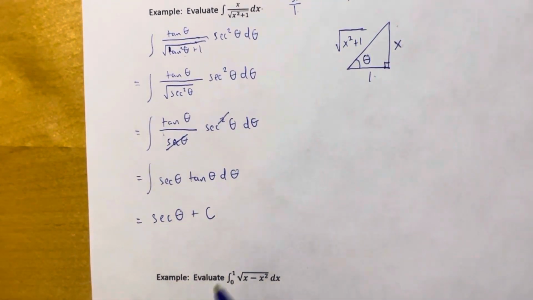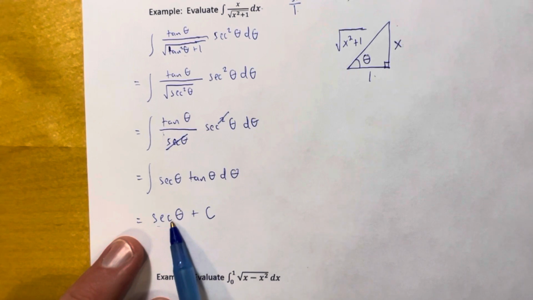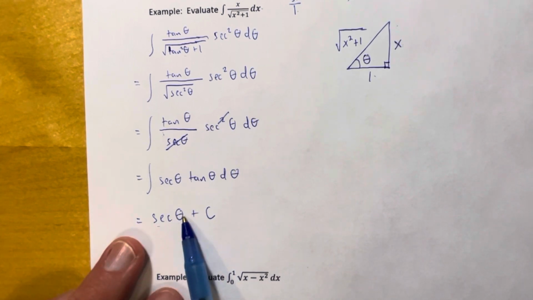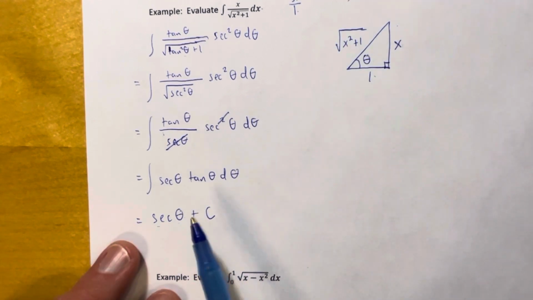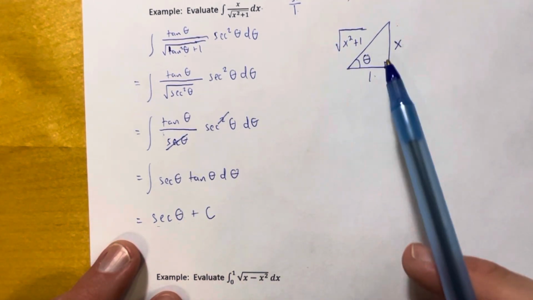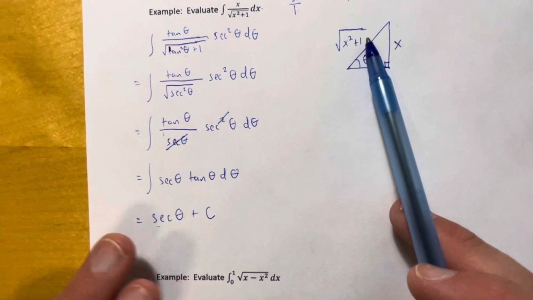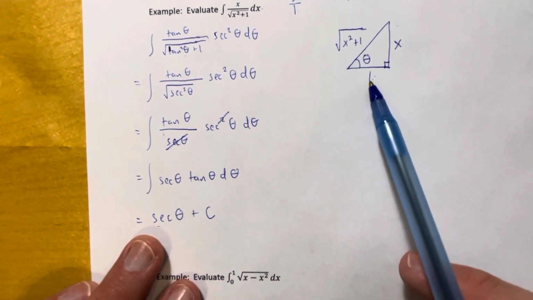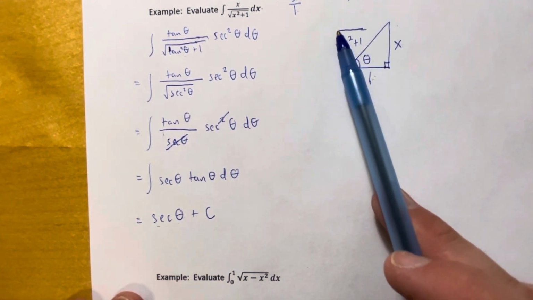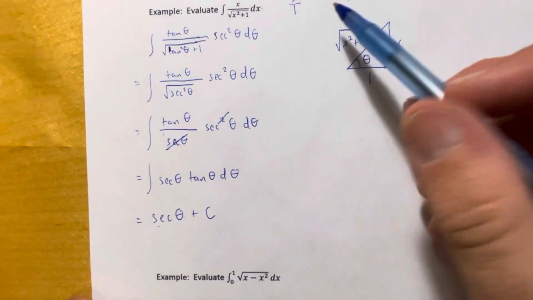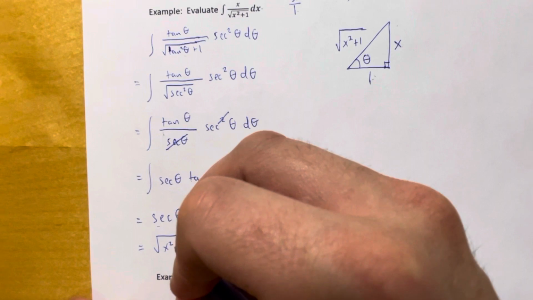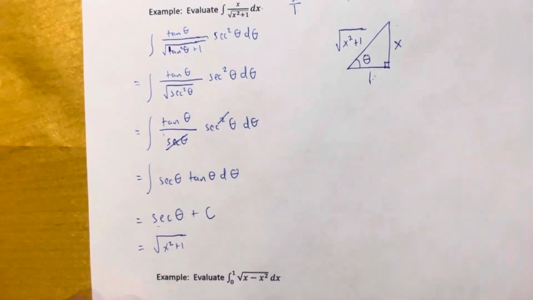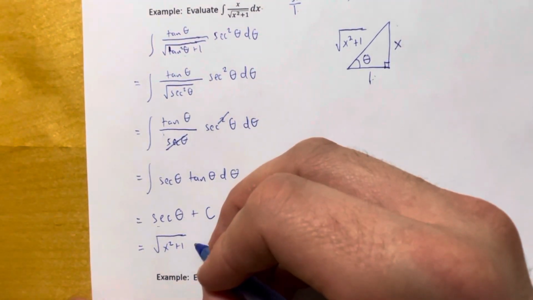So what is my final answer here? I have the secant of theta, and I need to convert that into a function of x using this right triangle right here. Well, the secant function is the reciprocal of the cosine function, which is adjacent over hypotenuse. So secant should be hypotenuse over adjacent, or square root of x squared plus 1 over 1, but you don't really need to write over 1 because it doesn't change anything.